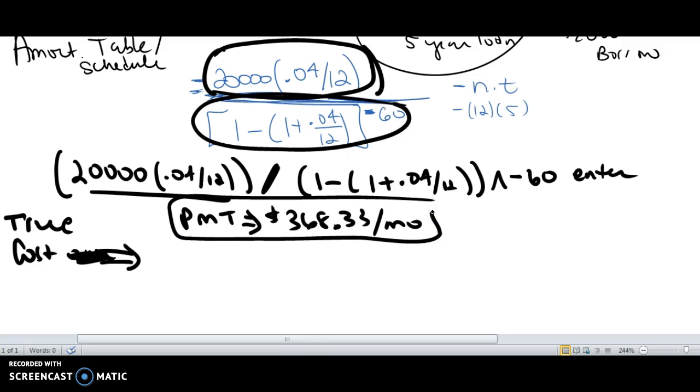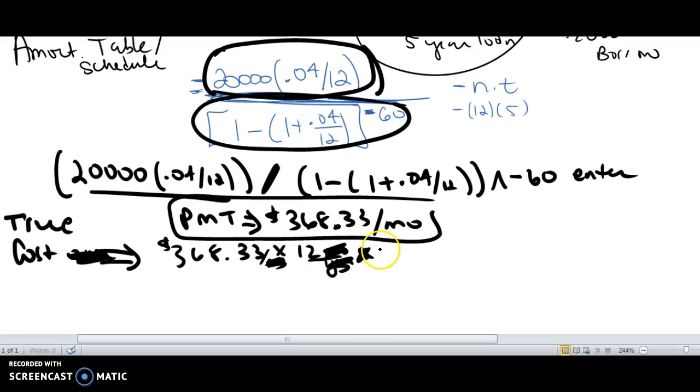All right, so if I take 368.33 times 12 months, that's going to go ahead, and this is money per month. Then that's going to get me how much I pay per year. And then now I want to cancel the years.